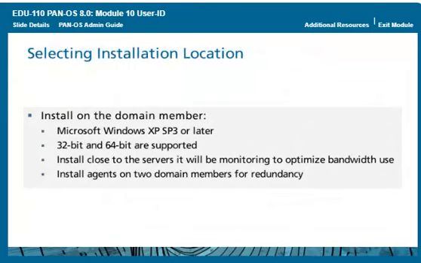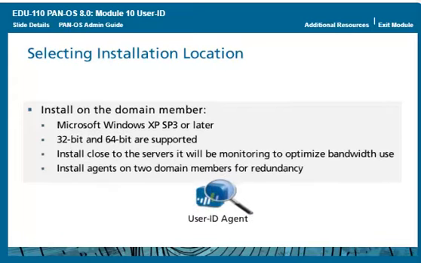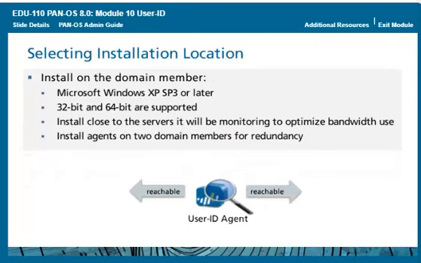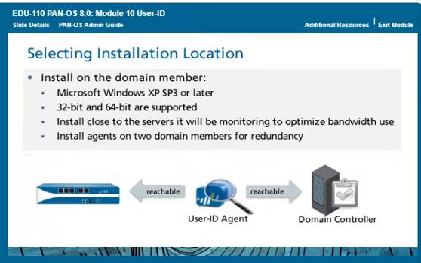The Windows-based agent can be installed on 32 or 64-bit machines running Windows XP, SP3, or later. You should install the agent in the same network site as the monitored server in order to optimize bandwidth use. You should install 2 agents on 2 member servers for redundancy in case one agent or one domain controller fails. Note, although an agent could be installed directly on a domain controller, it is not best practice.